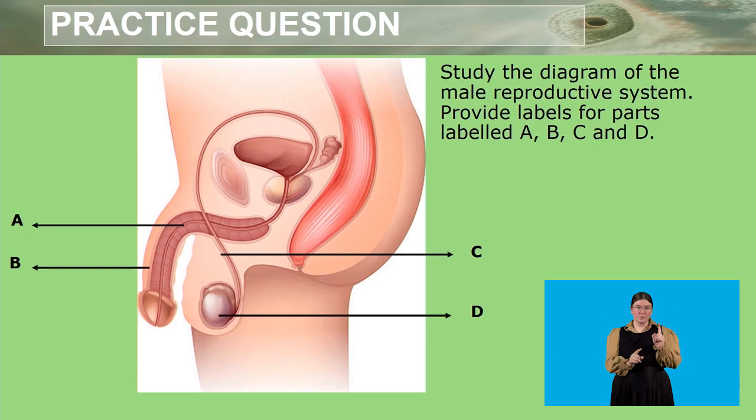We know that is a urethra because this urethra excretes urine and transports semen containing sperm. And then label B is pointing to the male organ that is extended outwards, and that is the penis.